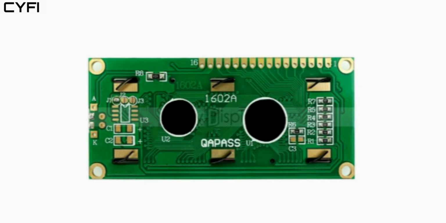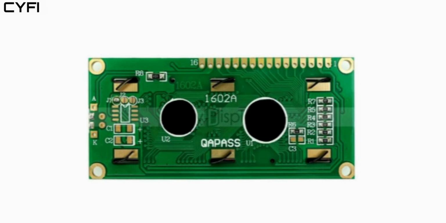Everything is managed at the A and K pins. Altogether, these pins are connected to the Arduino or any microcontroller we are using, and are used to communicate between the LCD and the microcontroller.